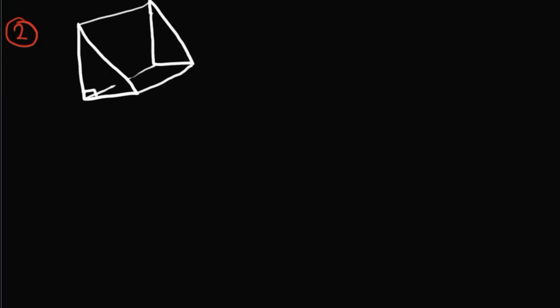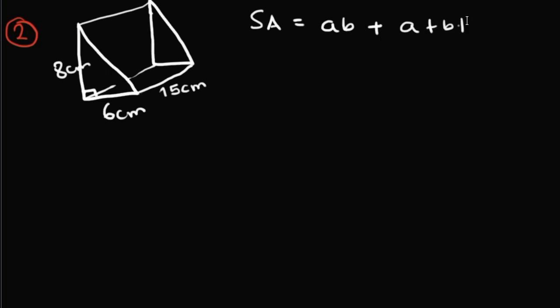Okay, so we have this as 6 centimeters, 8 centimeters, and 15 centimeters. Now, let's plug in our formula. The surface area is AB plus (A plus B plus C) into height.